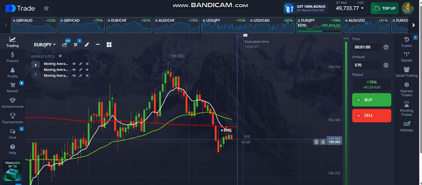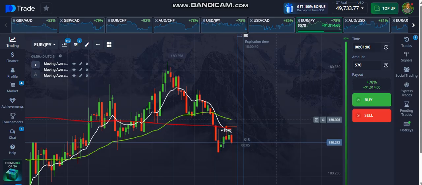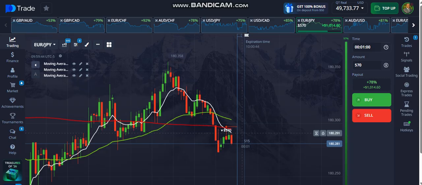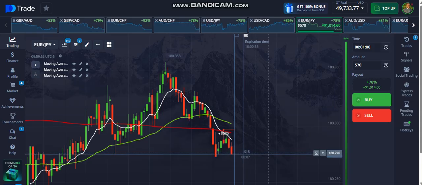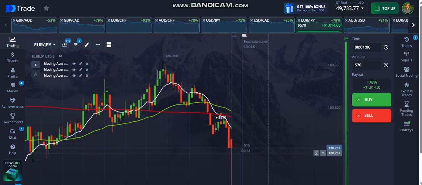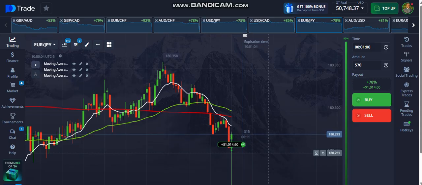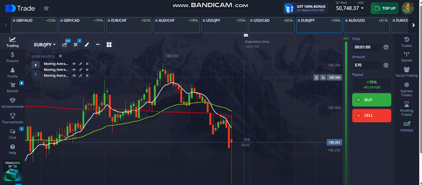In addition to that, the red 200 SMA line shows a slightly bearish trend in the market. So all three confirmations for the setup have been met. So let's wait for the expiration of this trade. Oh, wow. Yeah. Okay, so we won that trade. All right, so let me pause the video and look for one more trade.